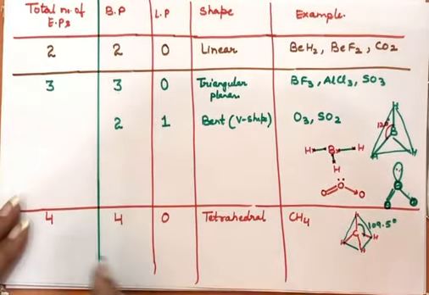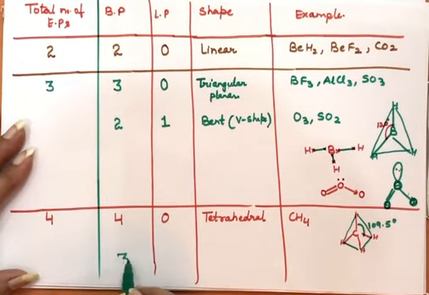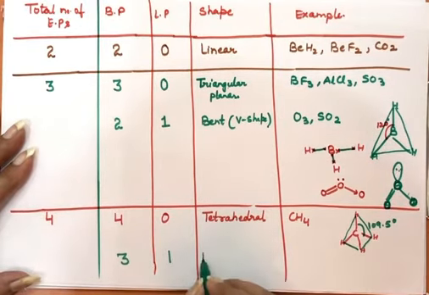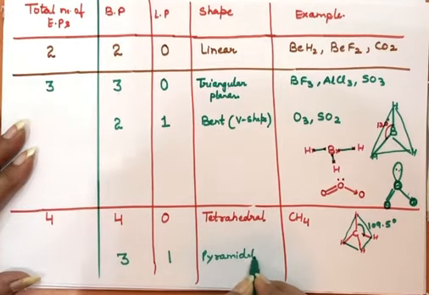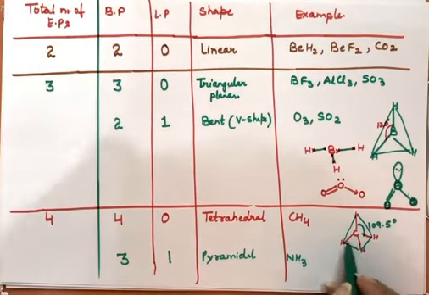But if there are 4 electron pairs, we can have a possibility that 3 can be bond pairs, 1 can be a lone pair. So the shape from tetrahedral will be a little distorted, and that shape is called pyramidal shape. Example is NH3. Now out of these 4, 1 will become a lone pair.